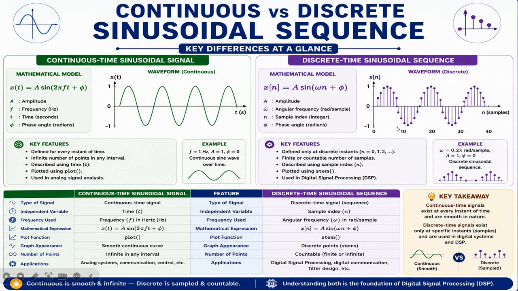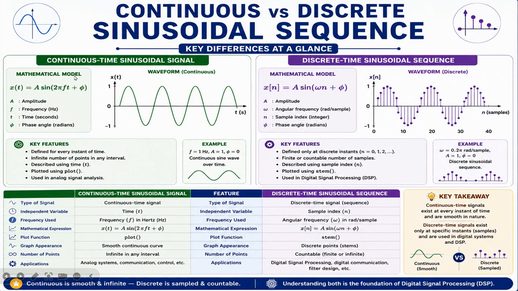And here you can see the discrete waveform, and this discrete time sinusoidal sequence is represented by x[n] = A sin(ωn + φ). So A is amplitude, ω is angular frequency in radians per sample, n is the sample index, which is an integer, and φ is the phase angle in radians.